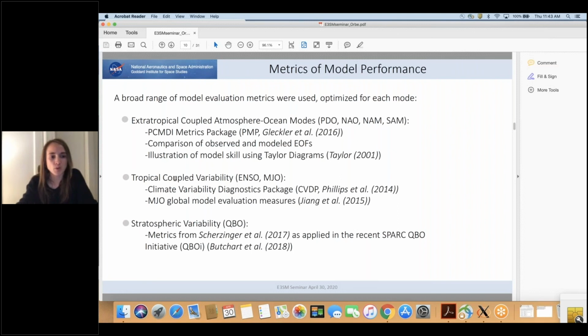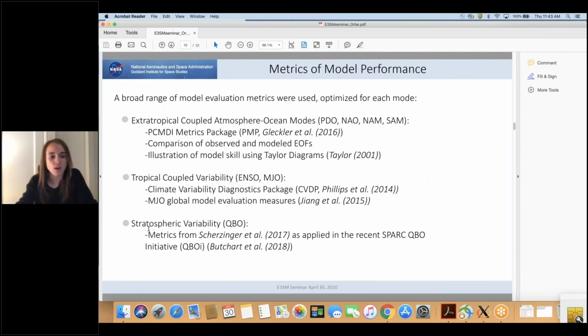For the modes of tropical coupled variability, like the MJO and the ENSO, for ENSO, John used the climate variability diagnostics package, and for the MJO, the analysis was a bit more tailored to the measures that were used in Zhang et al. And we will go through what those were in the upcoming slides.